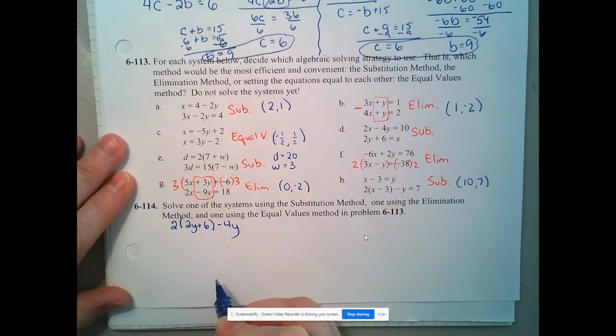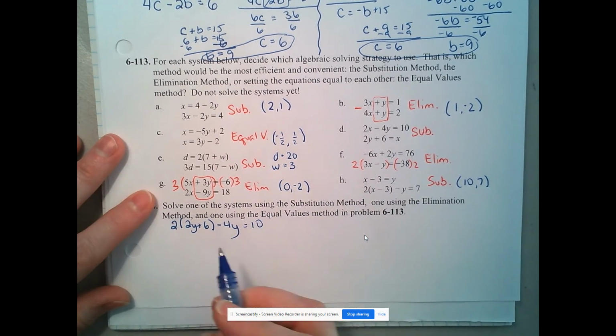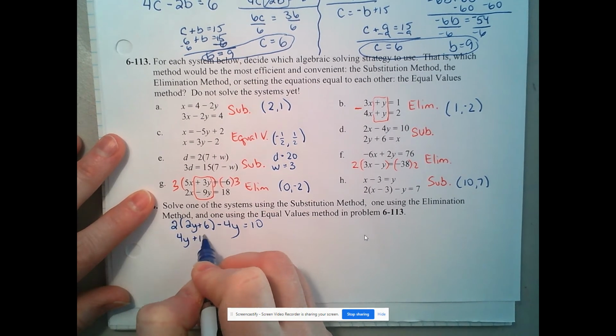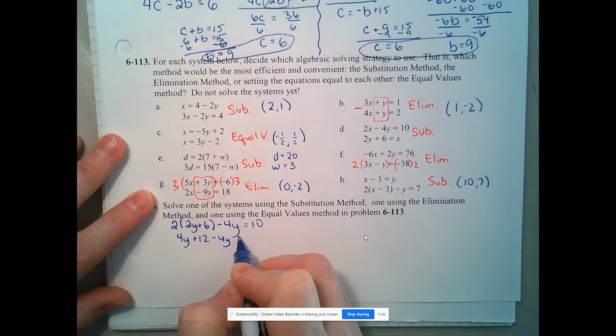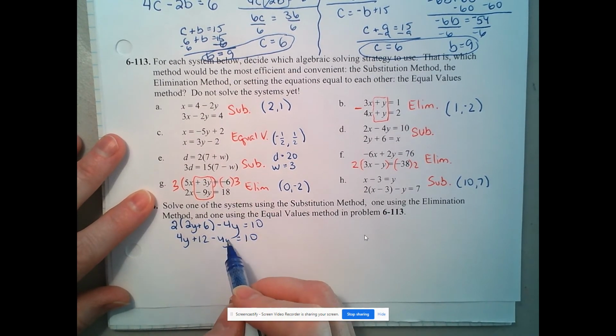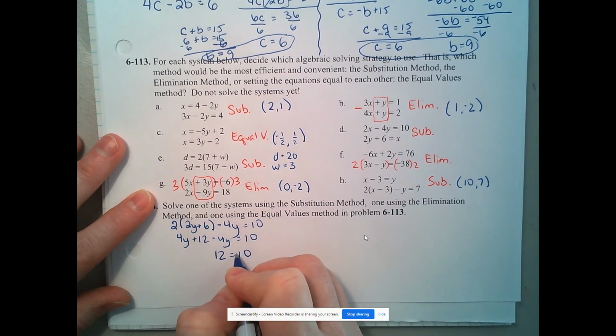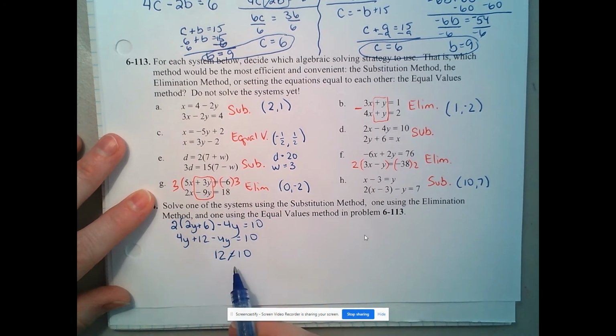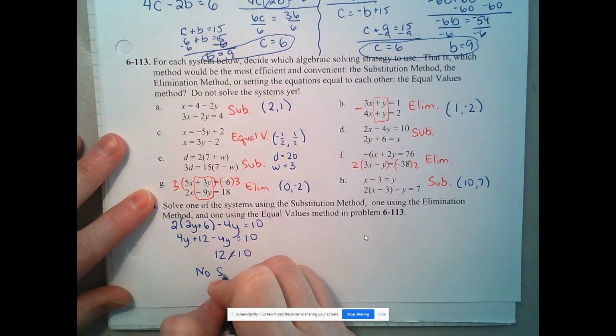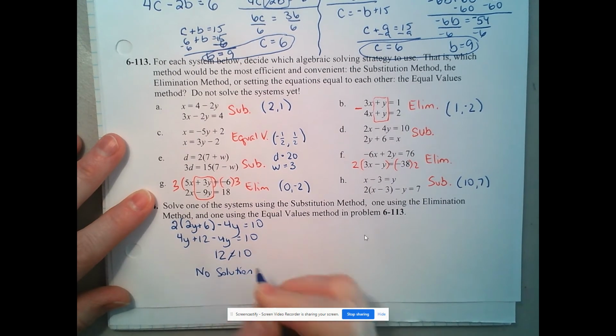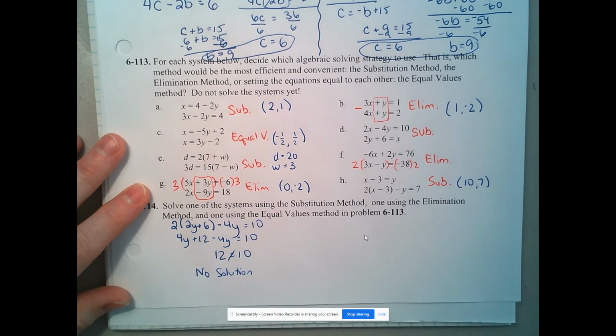So I'm going to have 4y plus 12 minus 4y equals 10. So the 4y minus 4y, we get 12 equals 10, which is not equal. And anytime we get a solution that has all the variables gone and two numbers that are not equal to each other, that system has no solution. So that's the one that people tend to say, oh, I must have done something wrong.